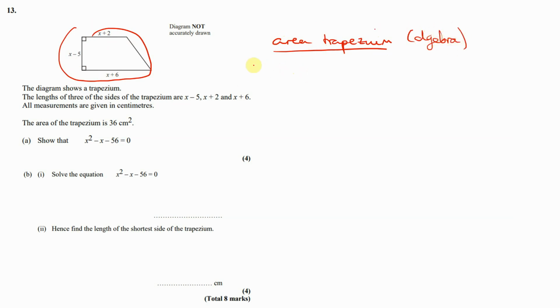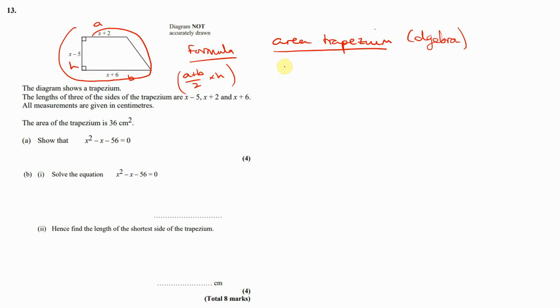So the area of a trapezium, the formula for that is a plus b over 2 times by h, where this is a, this is b, and this is h. A and b are the parallel sides, so that could be a and that could be b. It doesn't really matter, just as long as it's the parallel sides, and then the height is obviously what the height is.